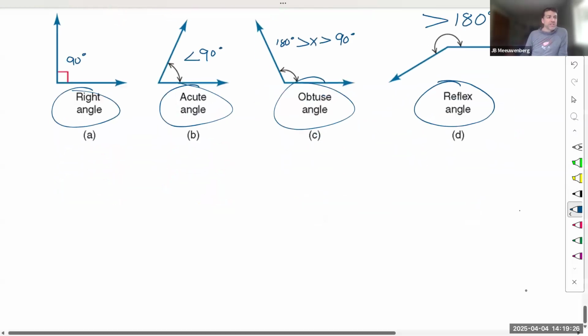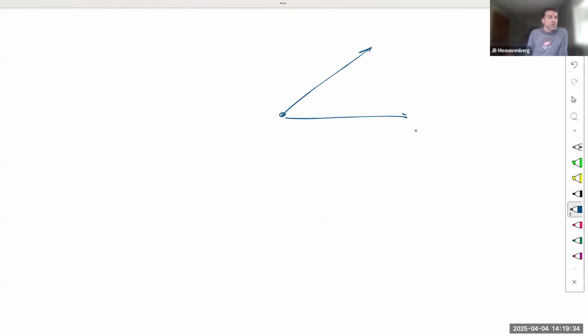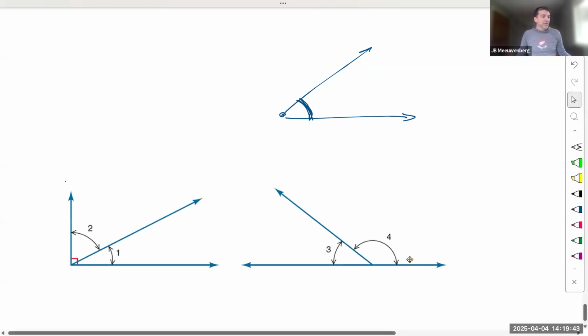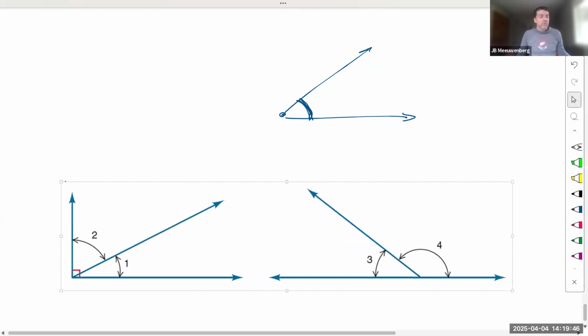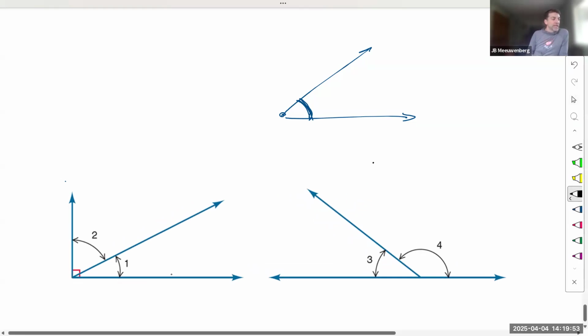Now, all the angles that we've looked at so far have just been made up of two rays. We had a vertex, a ray going in one direction, a ray going in the other direction, and we looked at this sort of angle. A lot of the time, we are looking at angles made up of multiple rays, often where one of them is a 90-degree angle.